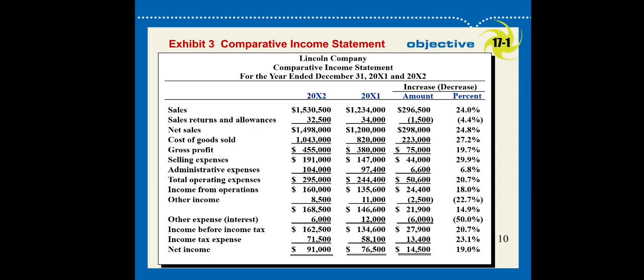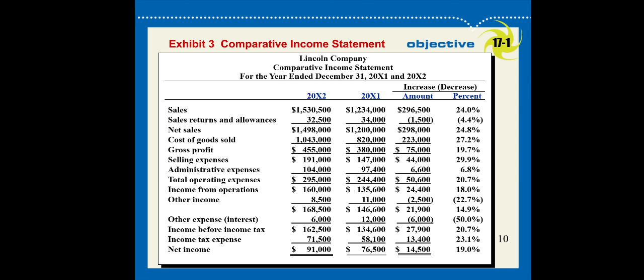When you want to do the horizontal analysis for the income statement, you also have to have two years of data. In this example, the data for 2000x2 and 2000x1. 2000x2 is the current year data, and 2000x1 is the previous year data.